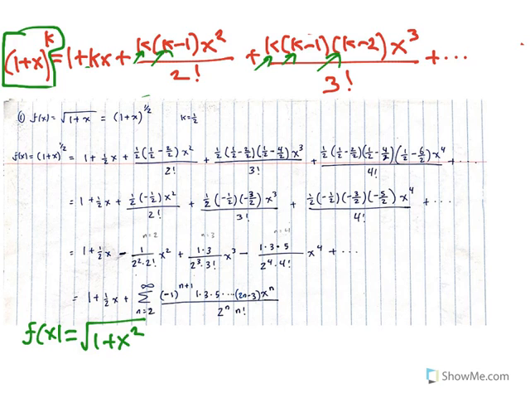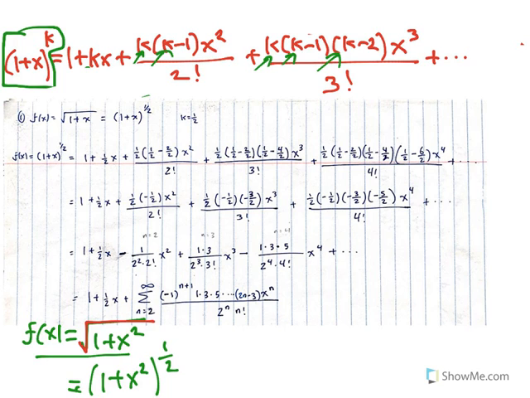So from our lesson objective for today, we have this particular function that we'd like to represent with a Maclaurin series. You should recognize that we can easily manipulate this function so that we can represent it with a binomial series. And what we can look at is the square root, and we can easily rewrite that as to the 1/2 power. So we have 1 plus x squared to the 1/2 power.